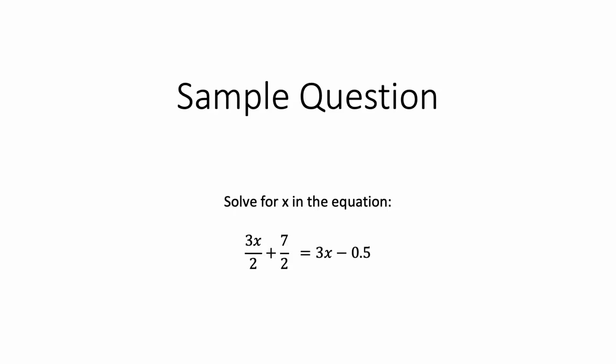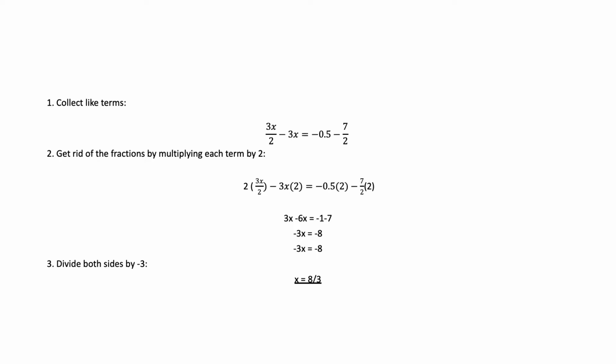So we start off by step 1. We collect the like terms. That means we bring all the x's together and the non-x's together. So we shall bring the x's on the left hand side and then the non-x's on the right hand side.